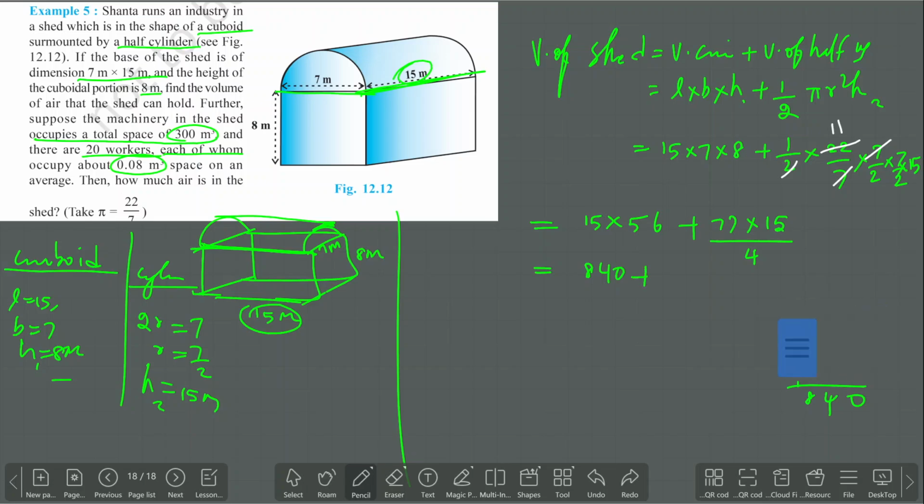$77 and 15, you multiply. Divide by 4. Okay. Now divide by 4, you do it.